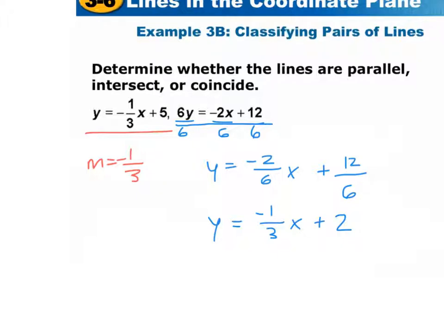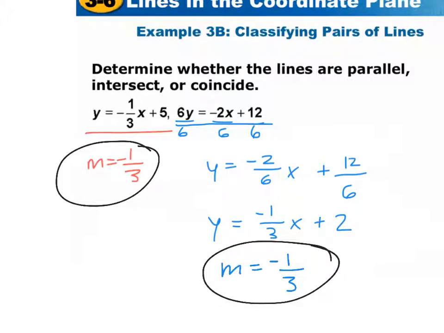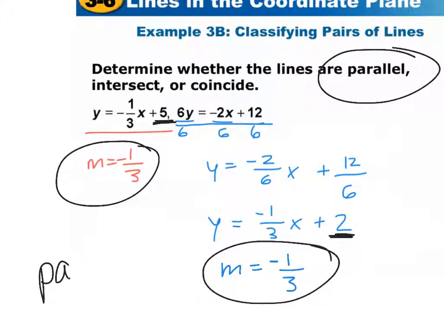Negative 1 over 3. So these are the same, right? If they have the same slope, we need to look at their y-intercept and see if those are the same. So we have 5 and 2. So if those are not the same, what would these be? Parallel. So these two lines are parallel.